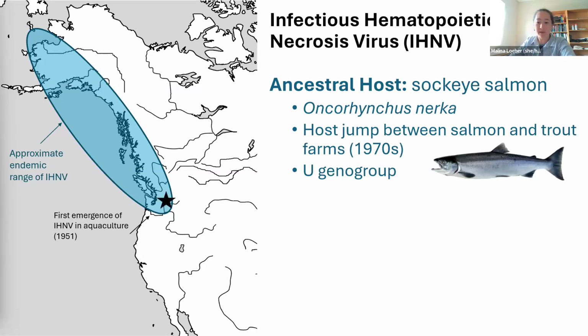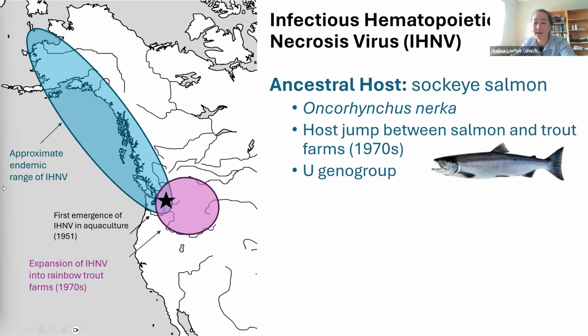So as commercial aquaculture expanded in the Pacific Northwest, particularly rainbow trout aquaculture, IHNV emerged in its new host, rainbow trout. And trout shares a lot of the same endemic range as sockeye, but unlike salmon, has a pretty intense land-based aquaculture industry associated with the species.